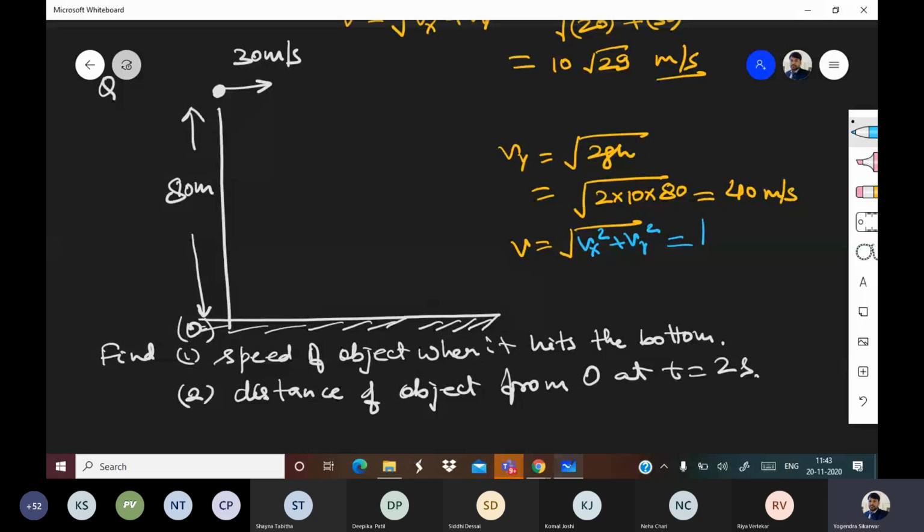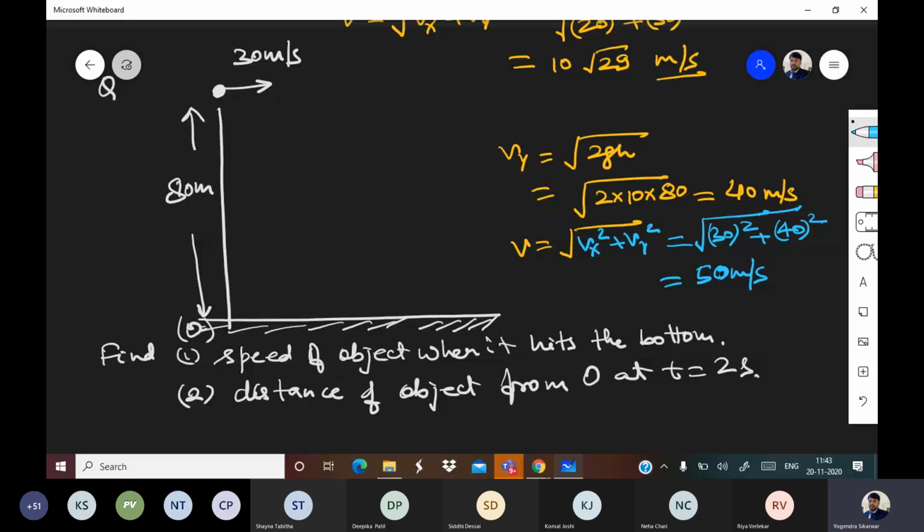That is 30 square plus 40 square, and that comes out to be 50 meter per second. So the speed with which the object is hitting the bottom is 50 meter per second.